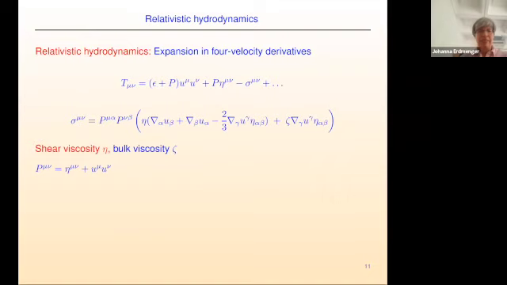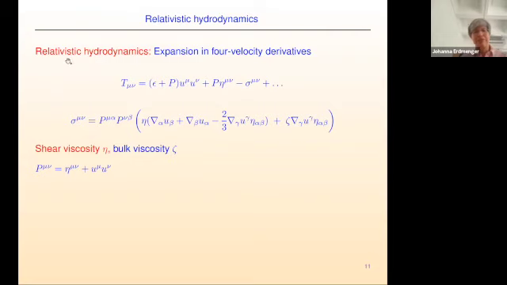Okay, I have some slides here about relativistic hydrodynamics, but probably I should skip this now because I want to talk about where AdS/CFT comes into the game. Maybe we can come back to this at the end if you're interested.